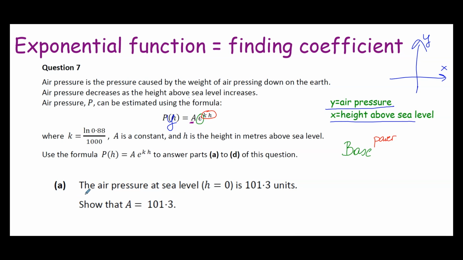So let's see, the air pressure at sea level, h equals 0, is 101.3 units. Show that A is equal to 1.13 units. So when I'm looking at a function, again, doesn't matter what letters we have, we have x and we have y, isn't it? Those are the two letters in every function.